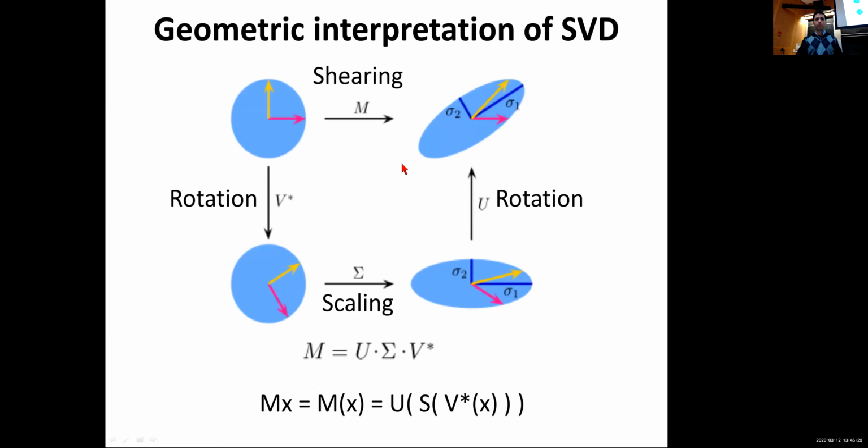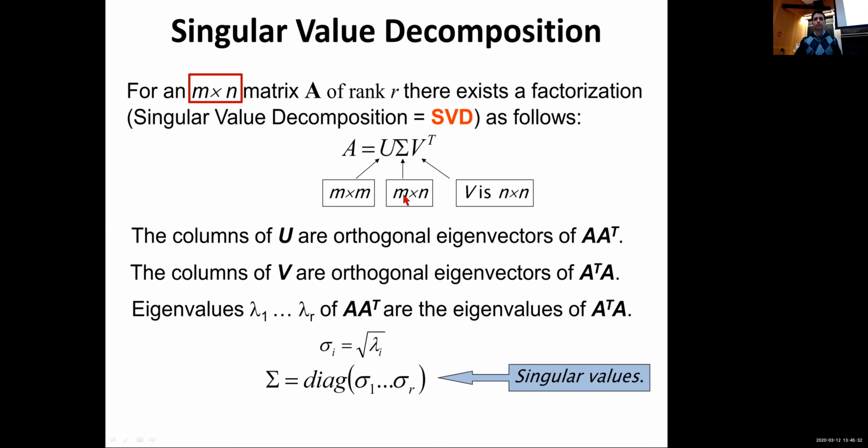And the way that I'm going to be building this is that because I want to decompose this matrix A, I'm actually going to be looking at A A transpose and A transpose A, which are going to be square matrices. Okay, so these are going to actually have eigenvectors and eigenvalues.